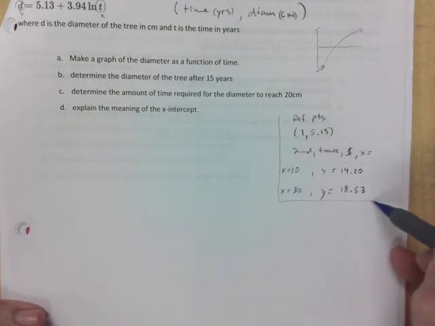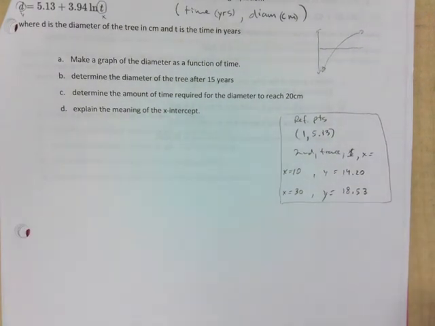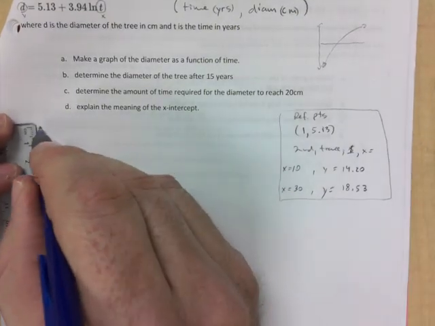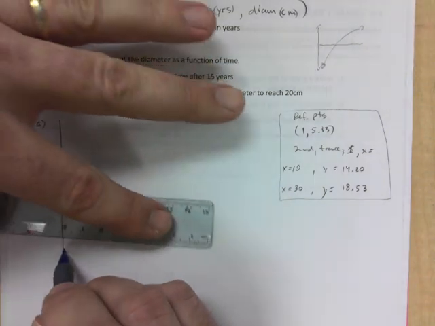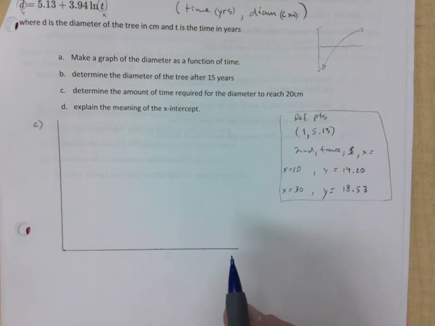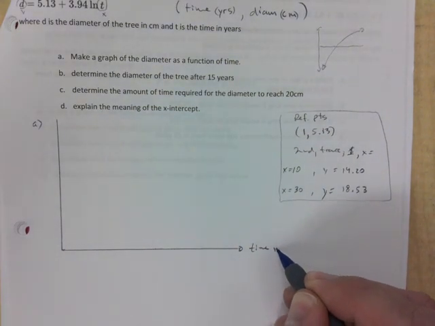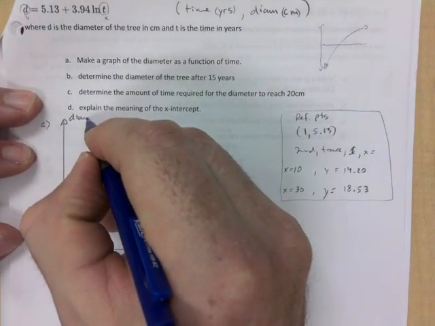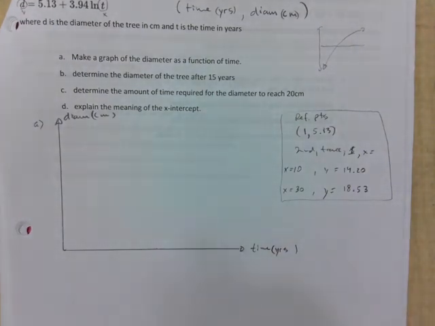So this is on the side here. So I technically have 1, 2, 3 points, right? I'm going to grab my ruler and go ahead and graph this. So A. And of course, time positive, and the diameter should be positive as well, right? So time in years and diameter in centimeters. Done. And let's come up with a good scale here.